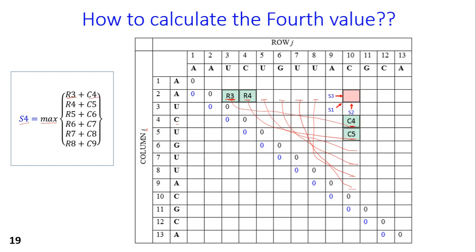Then R4 would be added to C5, R5 would be added to C6, R6 to C7, R7 would be added to C8, and R8 would be added to C9. And we would stop over here. Why? Because we have reached the adjacent values to our Dij.